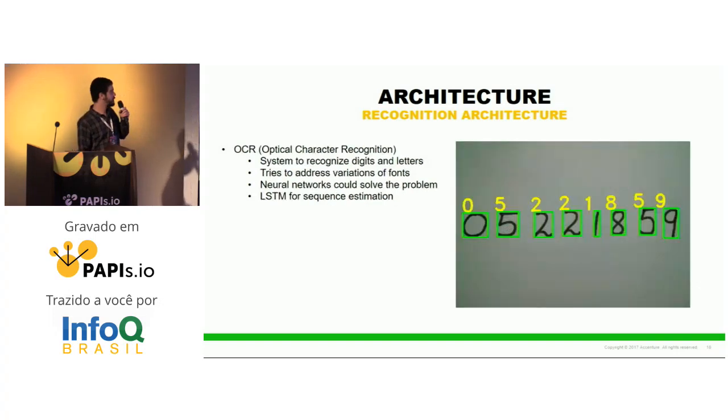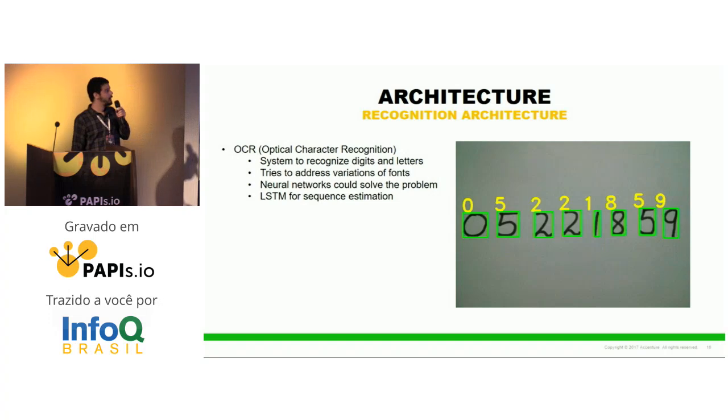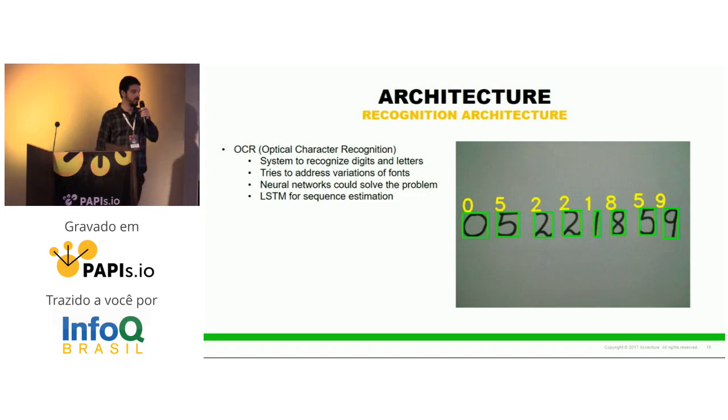And classical OCR is an algorithm or a system that tries to recognize digits, the classic MNIST database, for example, and it can be solved with neural networks. And nowadays, there are a lot of works using LSTM or other recurrent neural networks to address the problem of sequence estimation, and it improves the performance of the OCR.